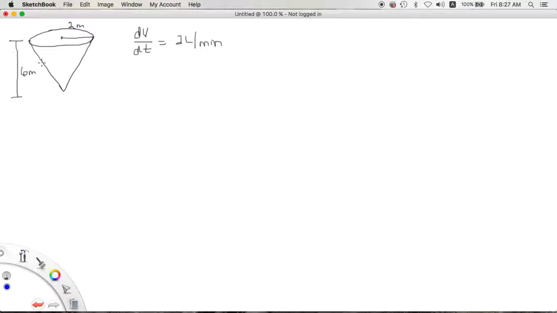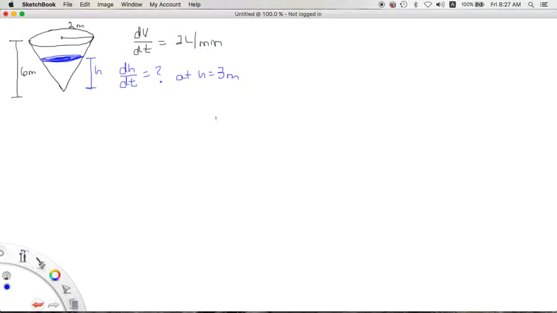So we've got this oil level in here. So that's the top of the oil. If we call this height, we want to know how fast that height is rising. How fast is the height changing when the tank is filled to a height of 3 meters?